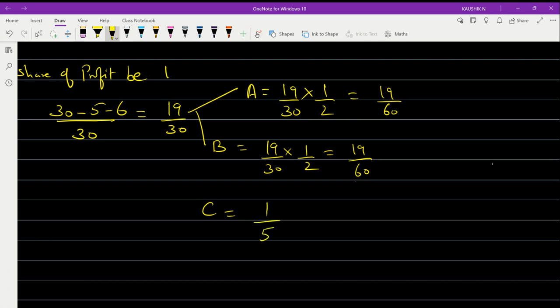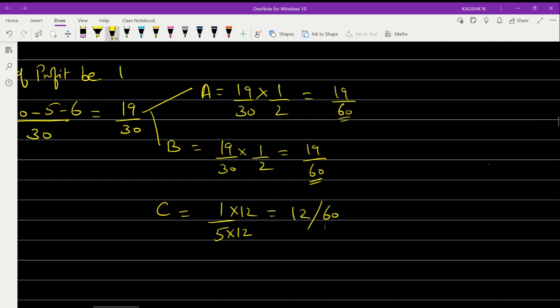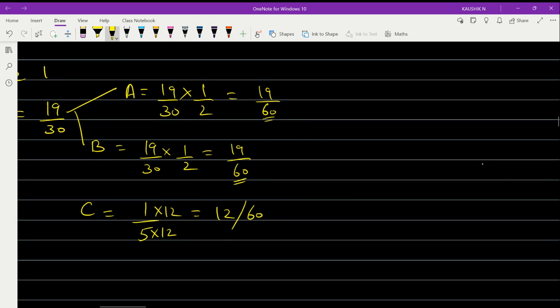But since the base is 60, convert this 5 to 60 by multiplying the numerator and denominator by 12. So for partner C, it is 12 by 60. Similarly, for partner D, we are giving him 1 by 6 share. So 6 is to be converted to 60 by multiplying the numerator and denominator by 10. So that gives you 10 by 60.